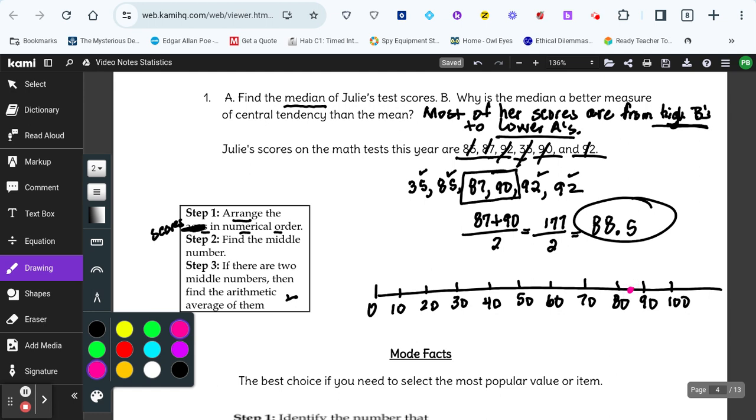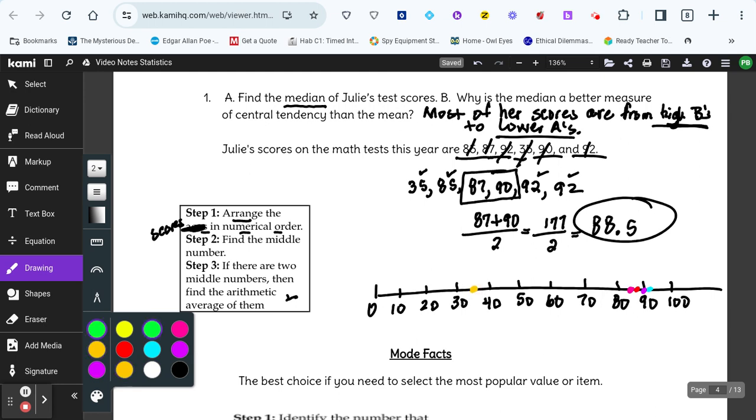An 87, maybe right here, in red. 92 would be a little above a 90. She had two of those. And then, of course, we did have the 90 exactly. Do it in purple. And then, of course, you had this 35. Let's do it in orange. That's 35. It's halfway between 30 and 40.